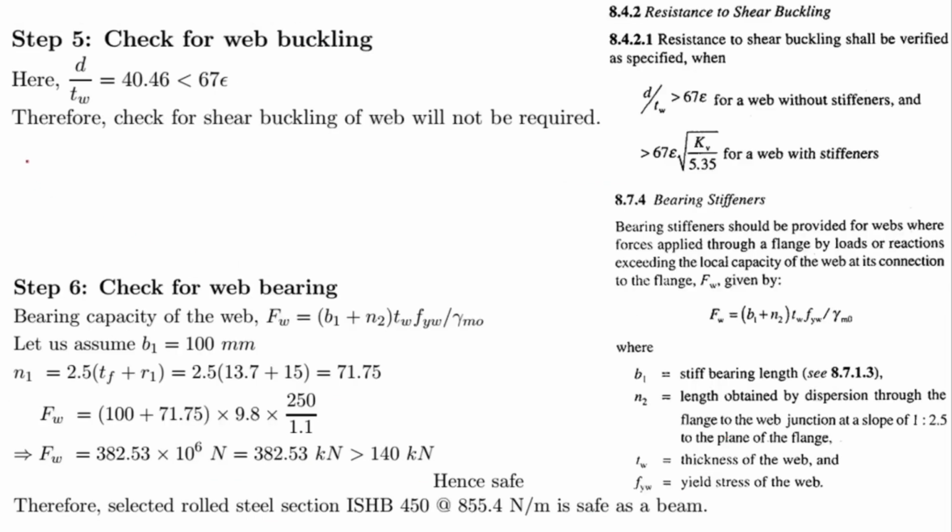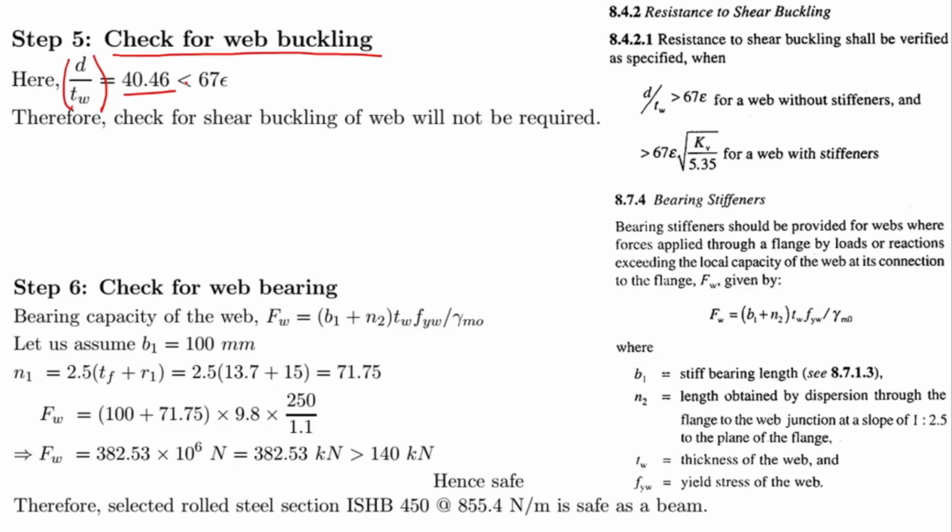In step 5 we have to check for web buckling. In this section we have calculated the ratio of D by TW, and it is equal to 40.46. Already we have calculated this value in the previous step.